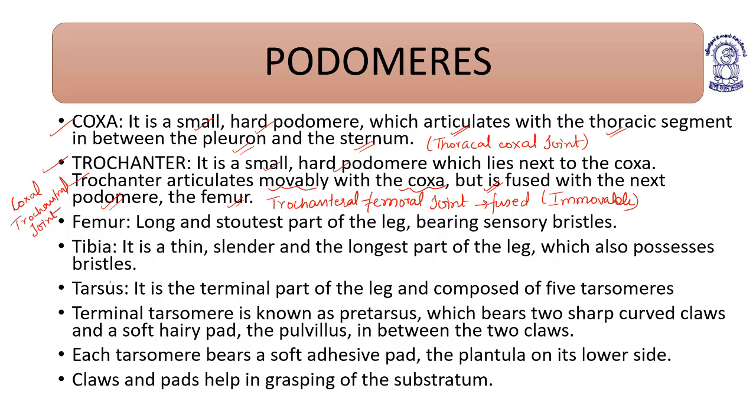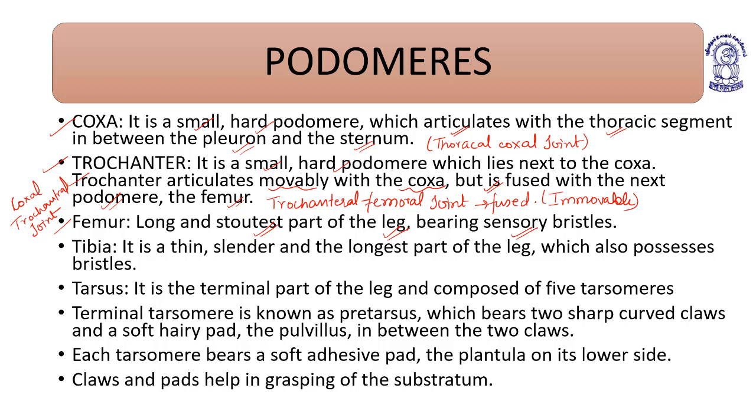Third is femur. Femur is long, and it is stout, having a stout-like projection. So it is long and it is the stoutest part of the leg, bearing sensory bristles.